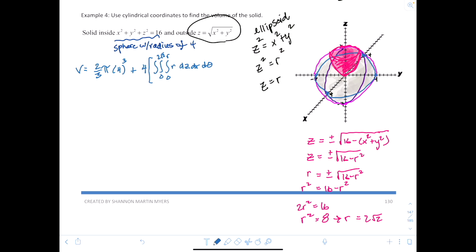And then theta, in this first quadrant, is just going to go from 0 to pi over 2. Cool so far? So we've got part of it now, all right? Then we'll add to that the next part.